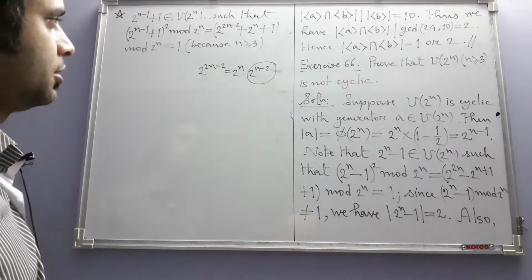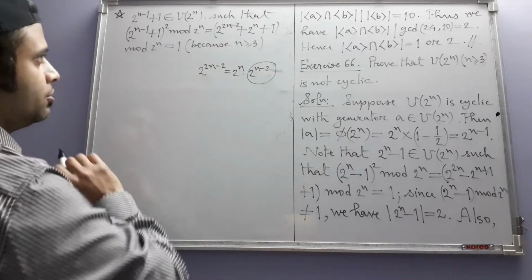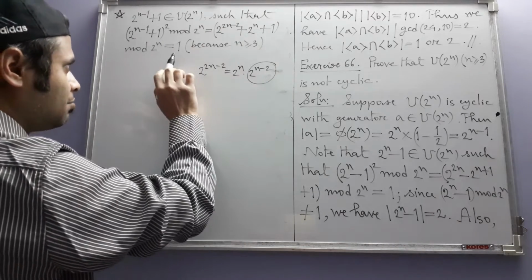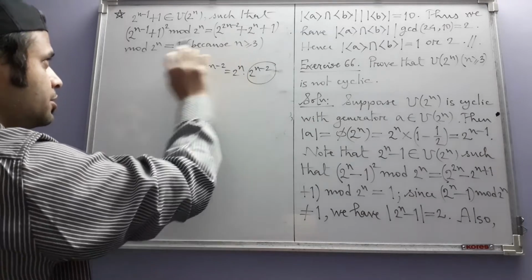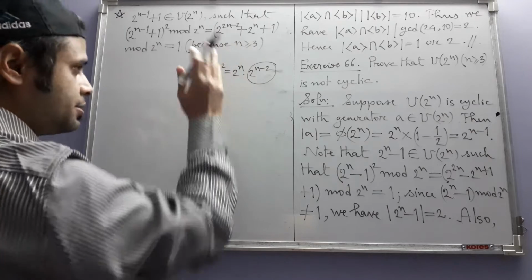That's why this is divisible by 2 to the power n, and hence its contribution to this remainder is 0.